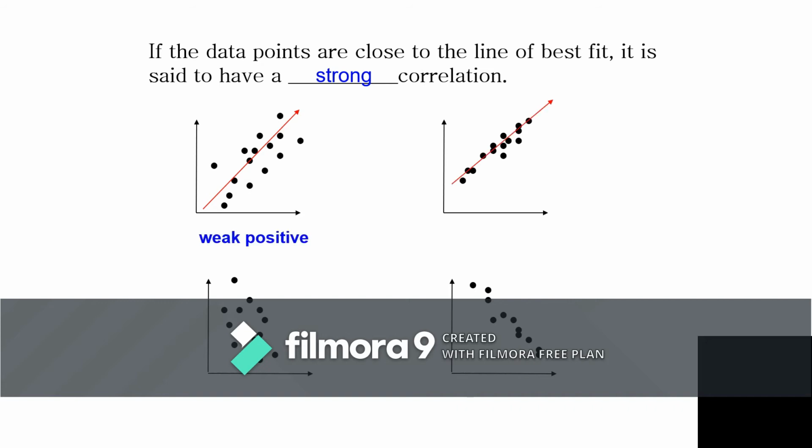Whereas in my second one, the points are close to the line, so it has a strong positive correlation. Third one, as x increases, y decreases. So it is negative, but points are not close to the line, so it has a weak negative relationship. The last one will be a strong negative relationship.